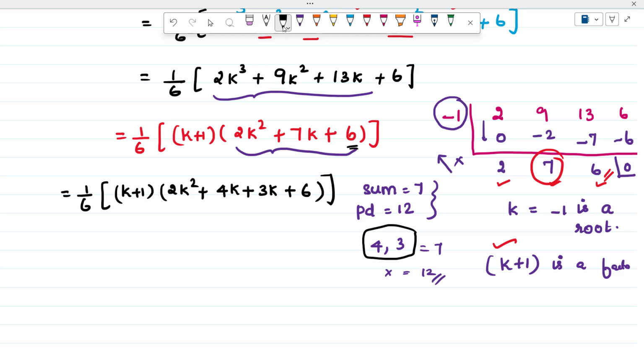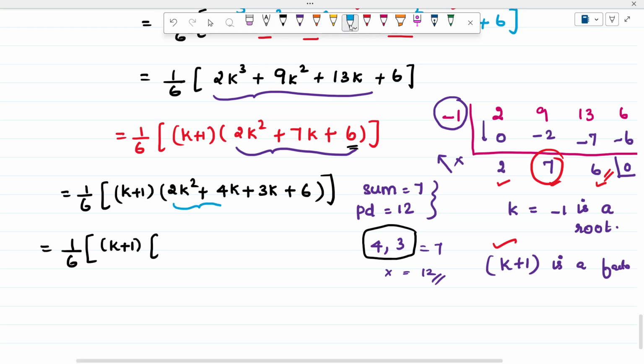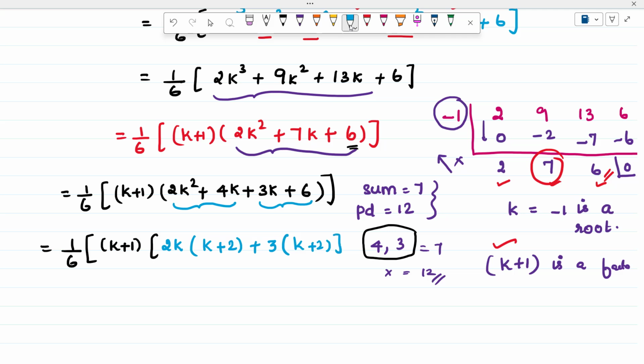So which is equal to 1 by 6 into k plus 1 into, consider the first two terms. In these two terms, 2k is common. If we take 2k outside, the remaining term is k plus 2. Plus, consider the next two terms. In these, 3 is common. Therefore 3 into k plus 2.